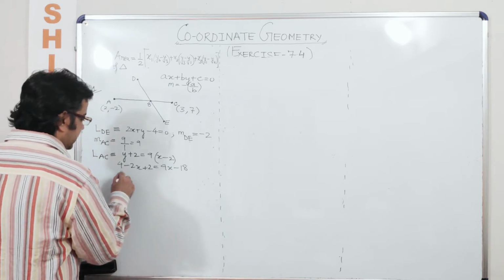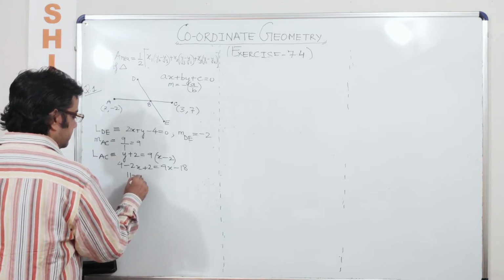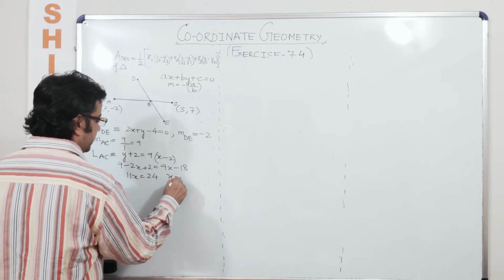Right? Now from here, this is nothing but 11x is equal to 24, and I get the value of x as 24 by 11.